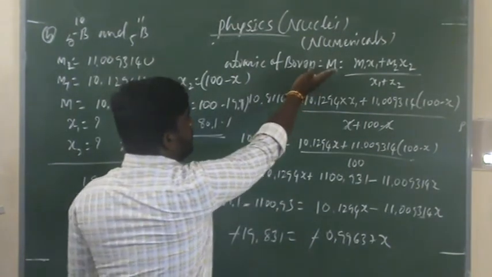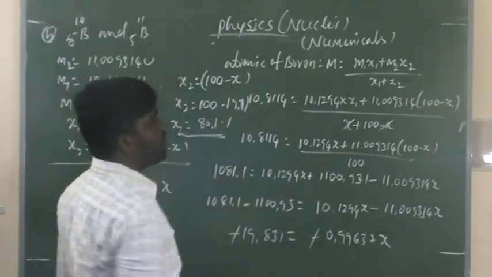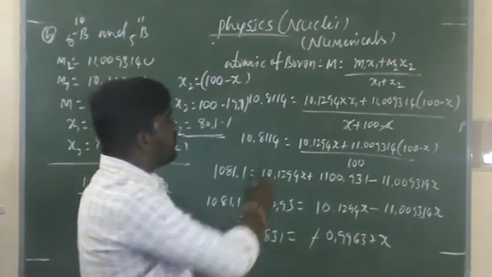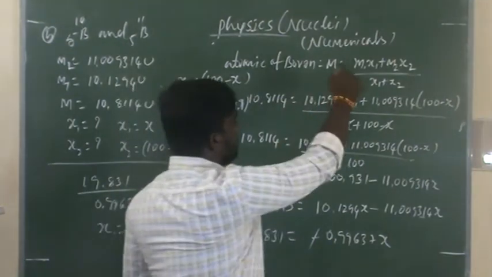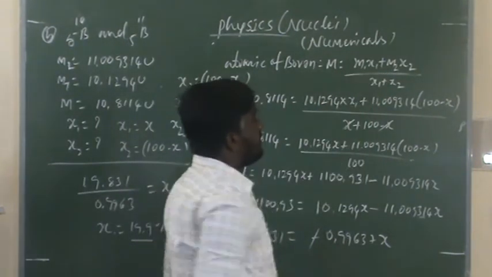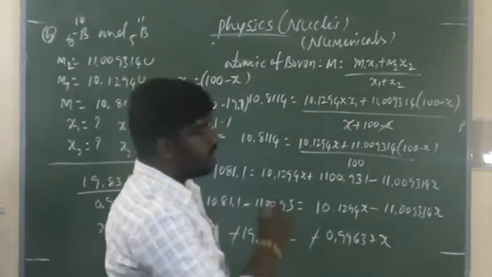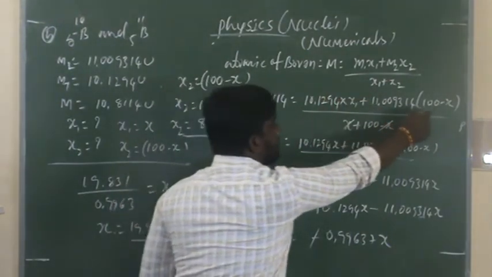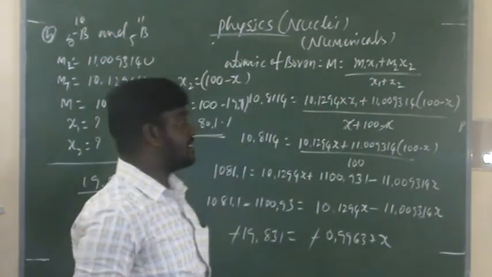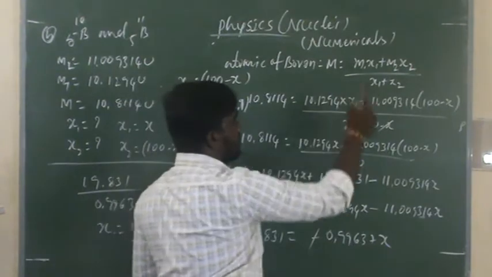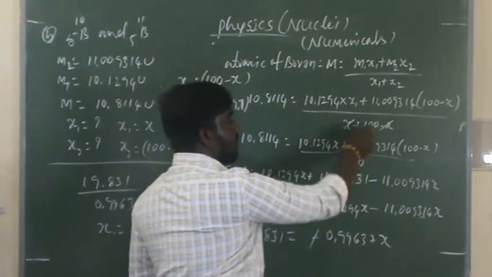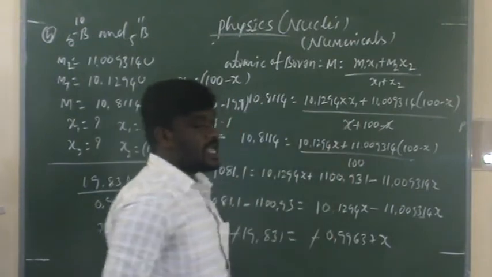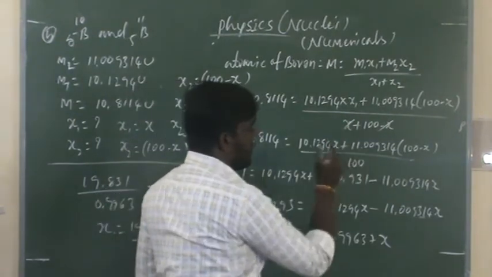Substitute that. 10.814 is equal to m1, 10.1294 into x1, plus m2, 11.09314 into x2, which is 100 minus x, divided by x plus 100 minus x. The x gets cancelled, the remaining term is 100.